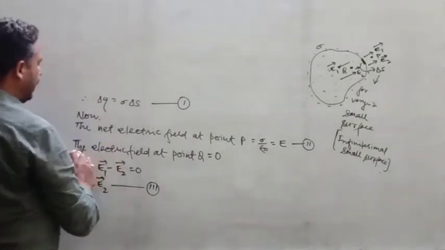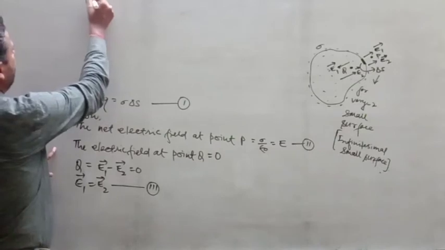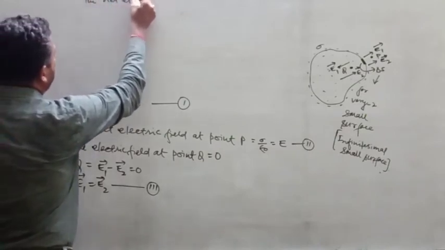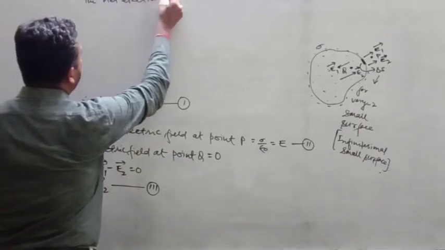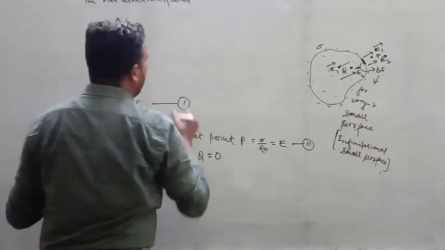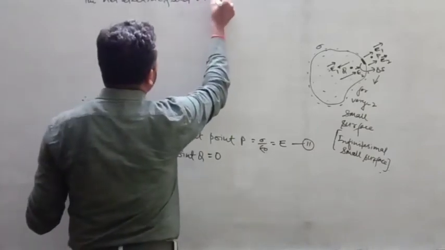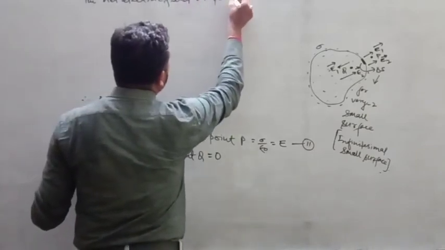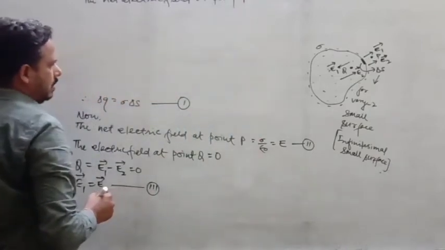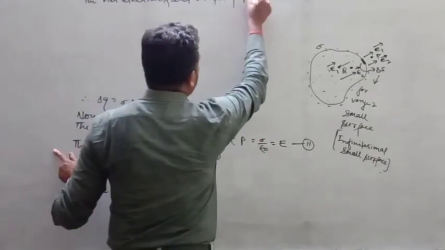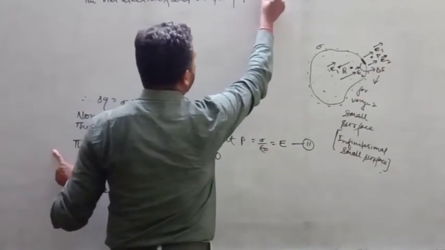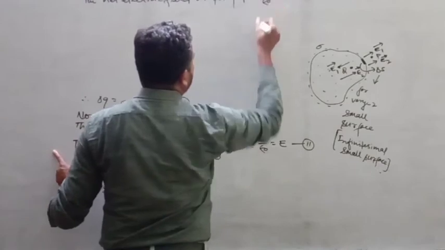Now again find the net electric field at point P. From the equation, this is sigma by epsilon naught.